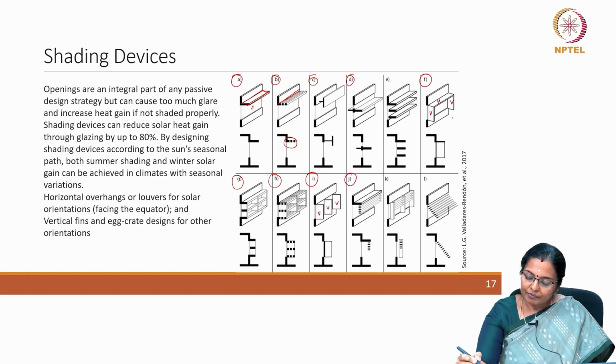J, K and L are all louvered shading devices, each of varying design. The advantage of louvered shading device is that it can be tilted to the desired angle for optimal ingress of air movement as well as solar radiation.